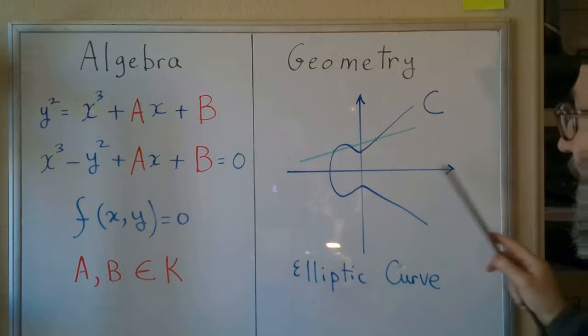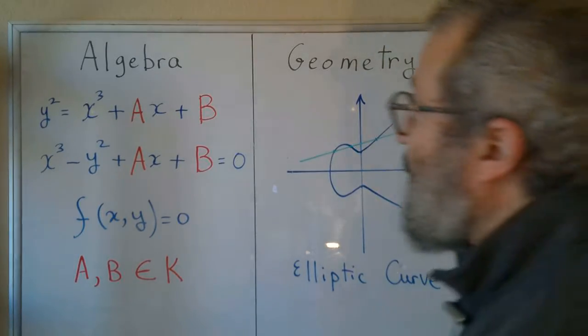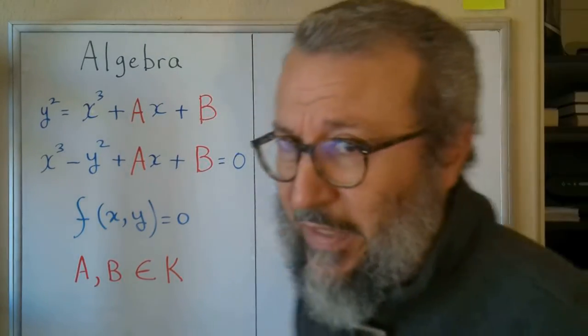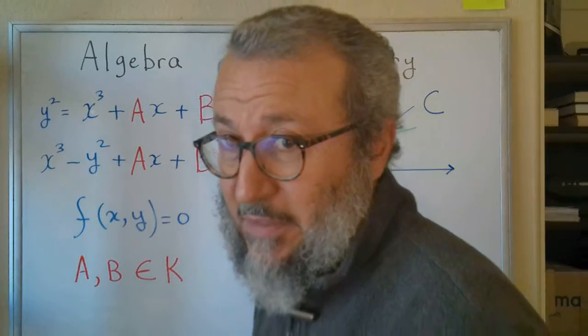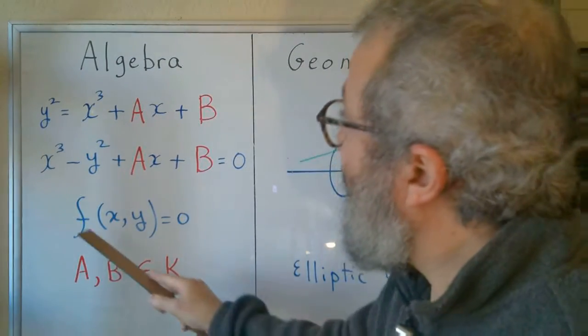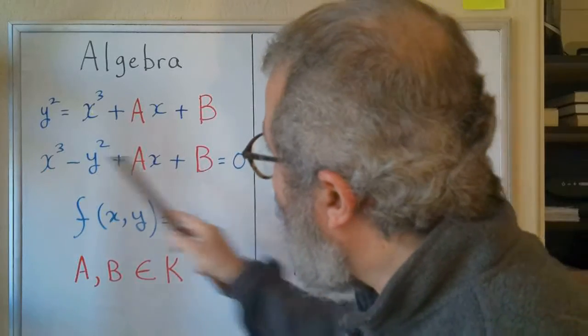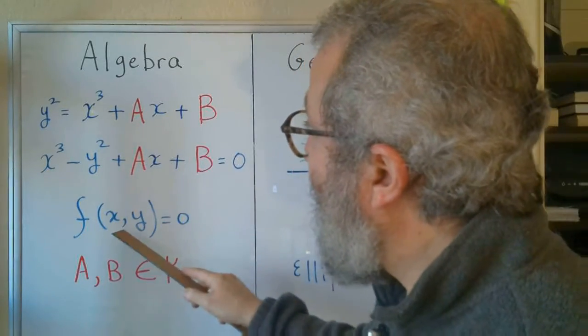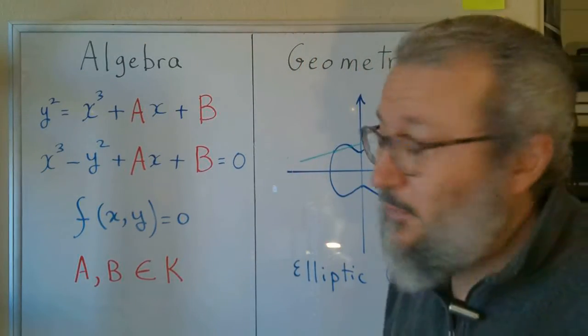Sometimes we call them domain and range. And usually it's written as y equal f of x. All right. Now the other form is to write it like this, to say that the general form of this is f(x, y) equals 0.